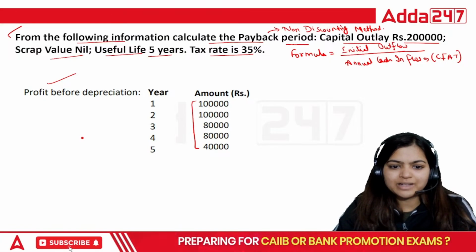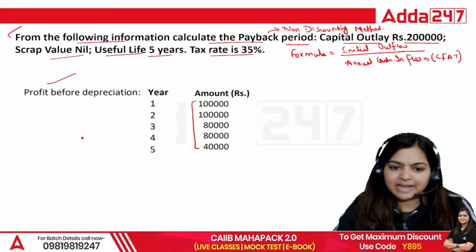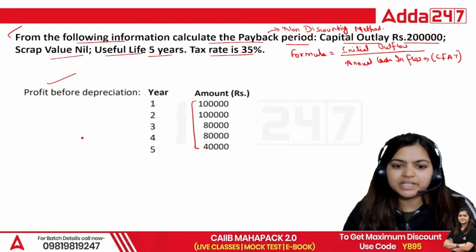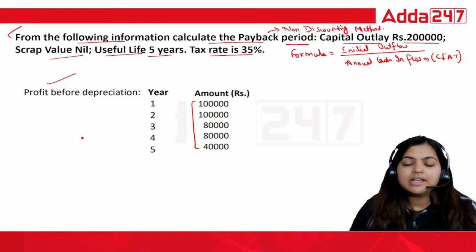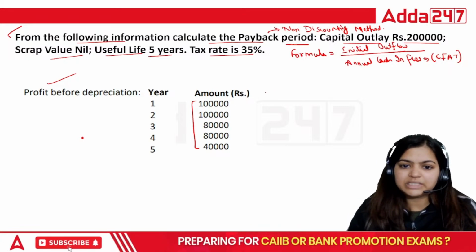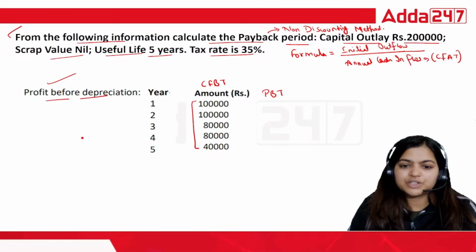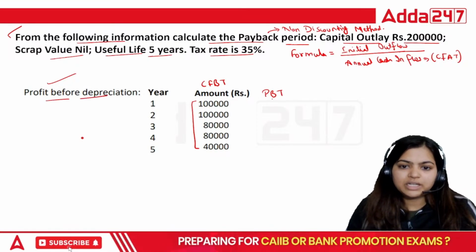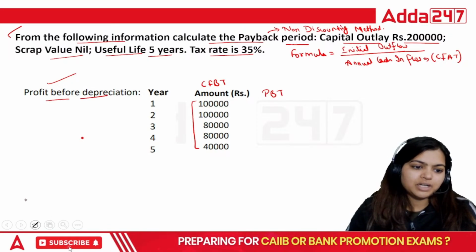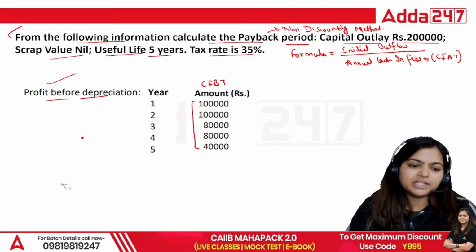After this, we need to calculate profit before tax. Now, for calculating profit before tax, this is cash flow before tax. Yes, this is before depreciation. So we want the before-tax one. So let's deduct depreciation first.